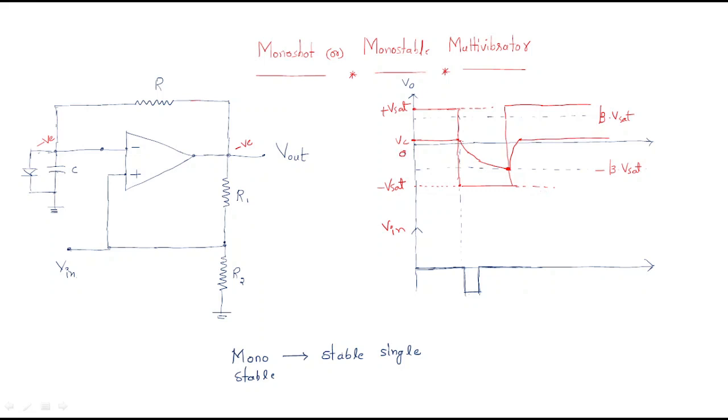This is the VC voltage and this is the output voltage. So we can write one statement. That statement is, although you give any input, the output will become the previous state.